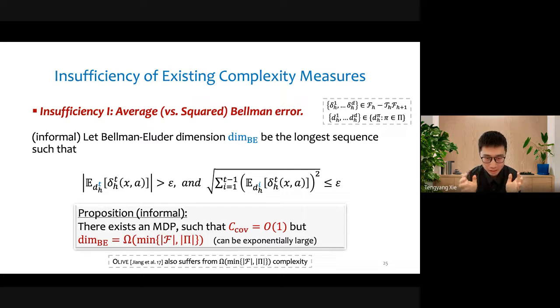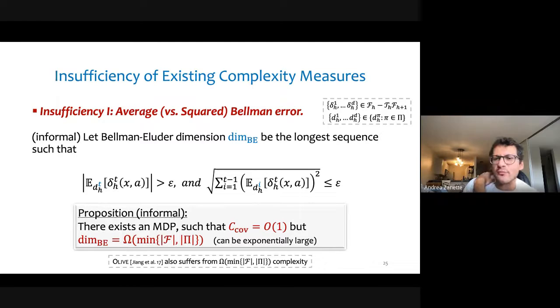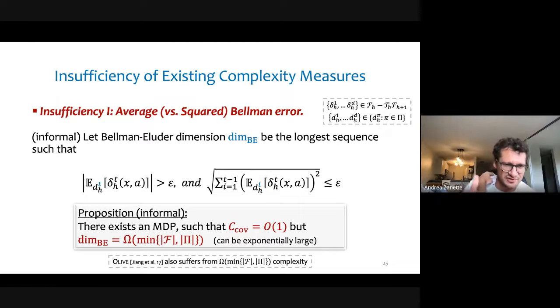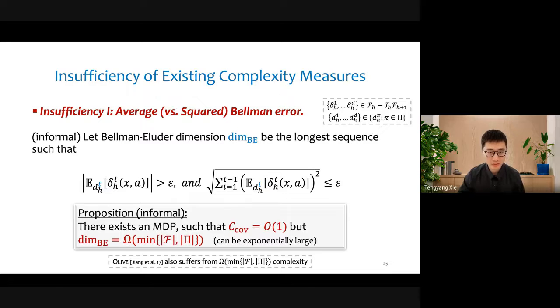Another is that the definition of Bellman-Eluder has some places that can be improved, and I will tell you later. So basically what you're saying is that you take a problem with small coverability but a large Bellman-Eluder dimension, and if you apply the old result for the GOLF algorithm, for example, it will predict that the algorithm will take forever to learn. But your result can say the algorithm can learn very quickly. Yes, exactly. Okay, so that's what insufficient means. Basically, yes. Okay, thank you.